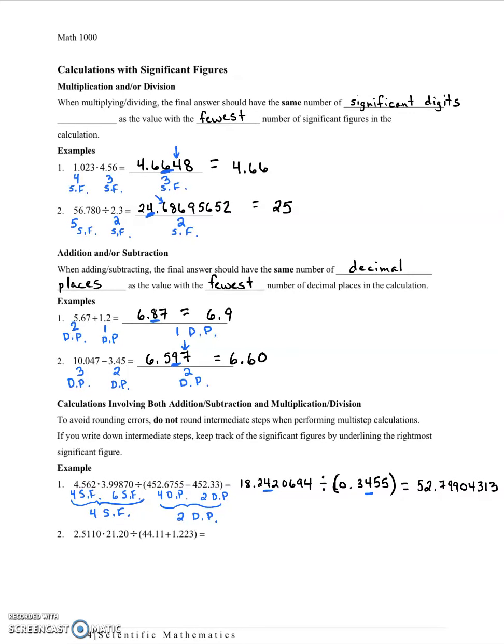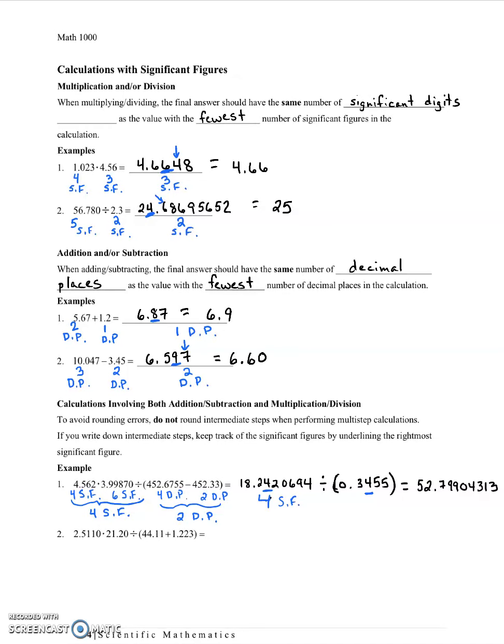Now we were dividing, so what is our number of significant figures? Well, the first one, remember, the 18.2 something had 4 significant figures.